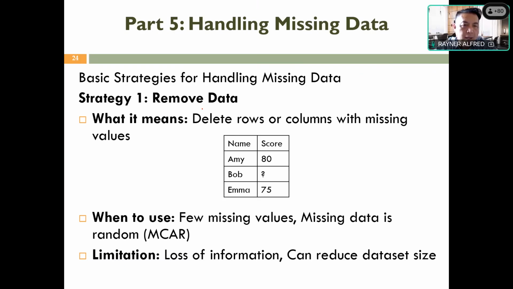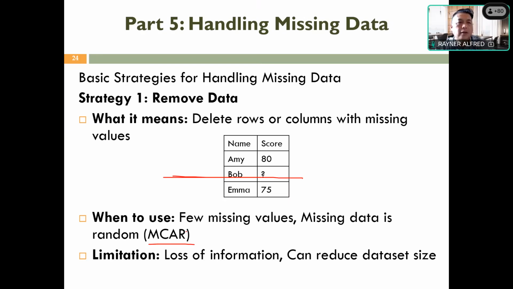Strategy number one, remove the data. So for instance, like this one, we can just remove Bob. This can especially be used when you have missing completely at random, because it means there has nothing to do with the other variables.